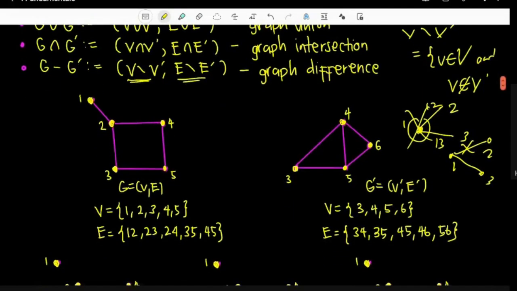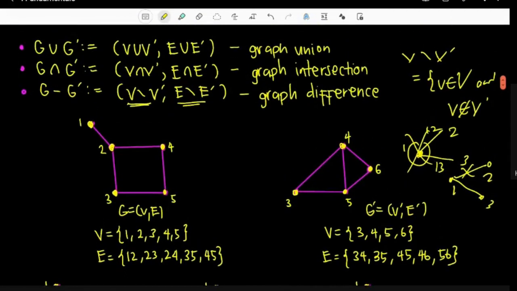Let's say we have here G is the graph on vertices 1, 2, 3, 4, 5 such that the edges are 1, 2; 2, 4; 2, 3; 3, 5; and 4, 5. Alright. Now, the other graph G prime has vertices 3, 4, 5, 6. So these objects 3, 4, and 5 are the same as the objects 3, 4, and 5 in G. So ganun yung idea.